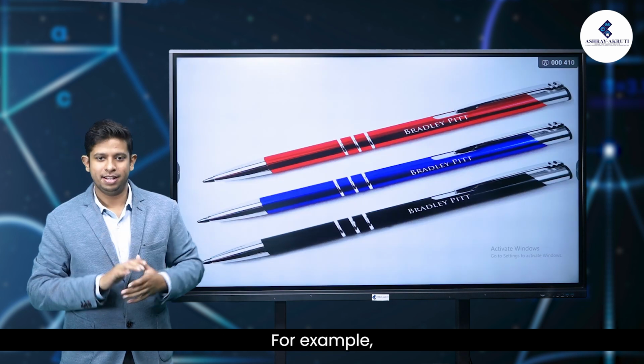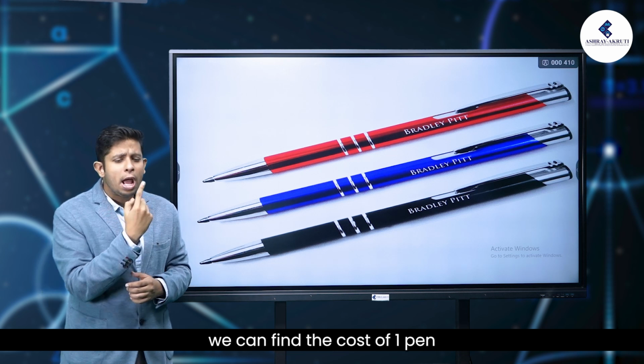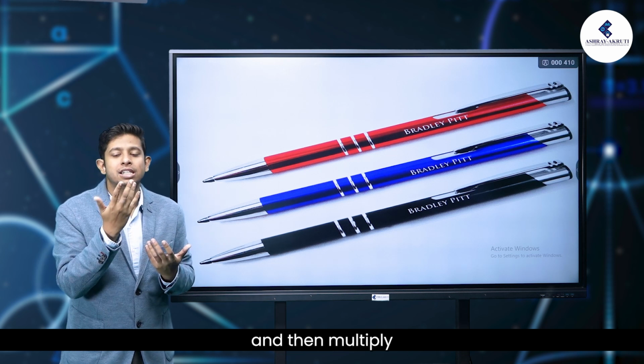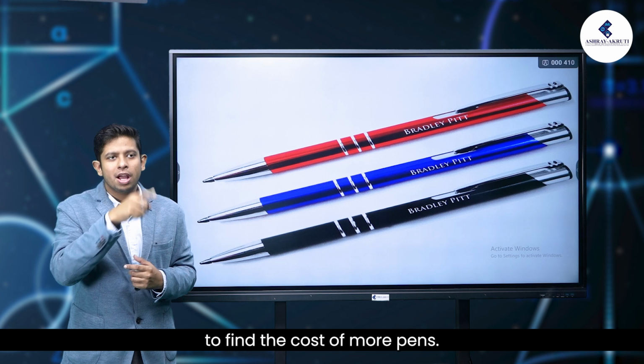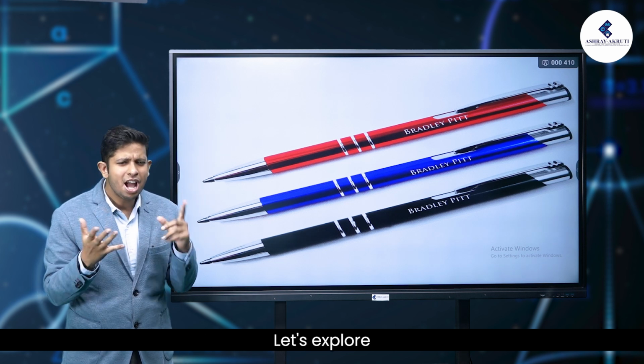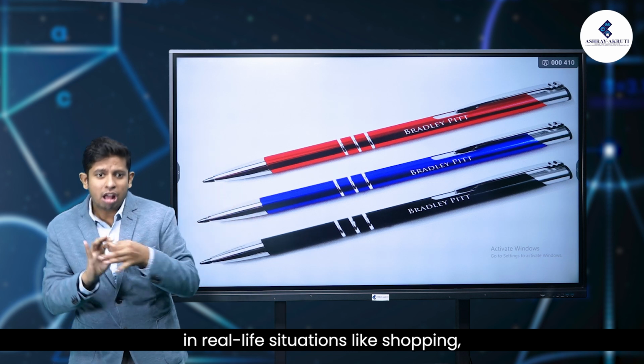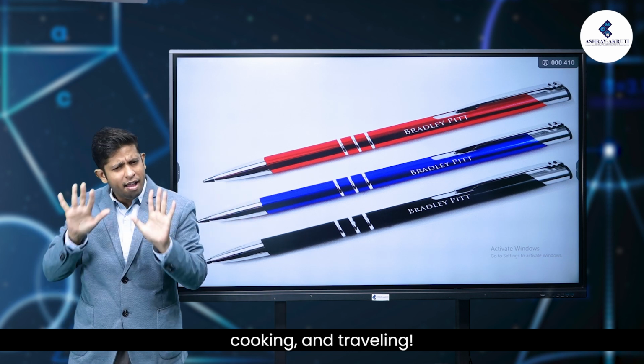For example, if 3 pens cost rupees 15, we can find the cost of 1 pen and then multiply to find the cost of more pens. Let's explore how these ideas help in real-life situations like shopping, cooking, and traveling.